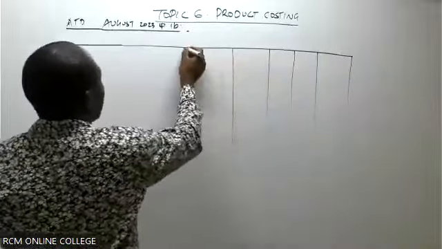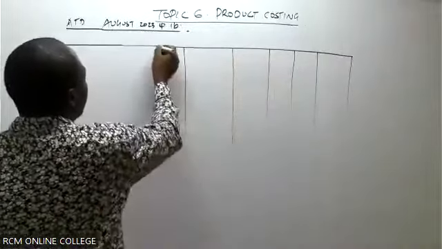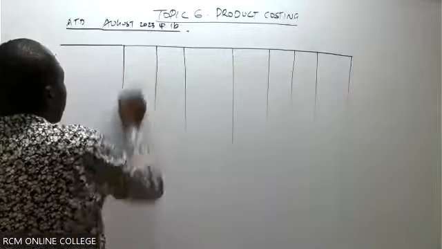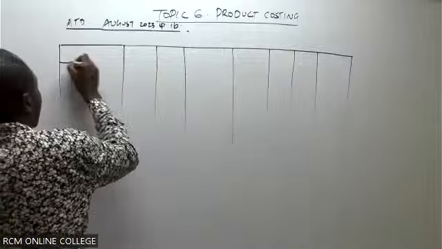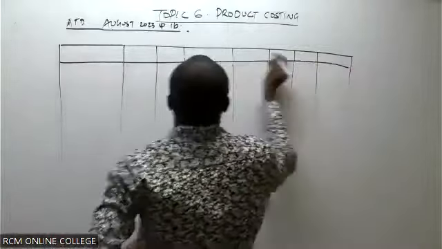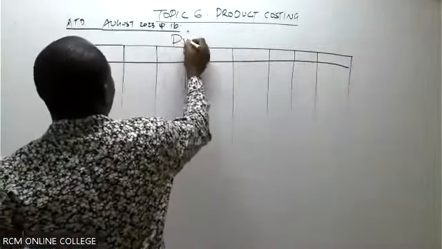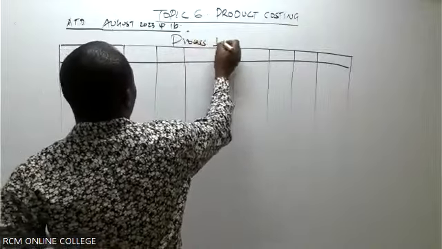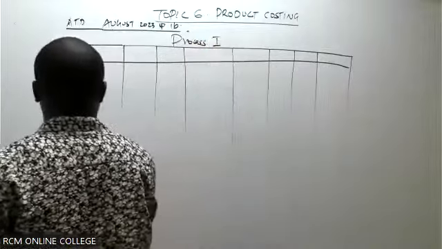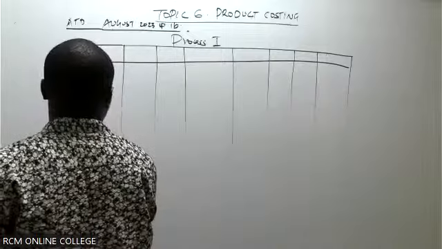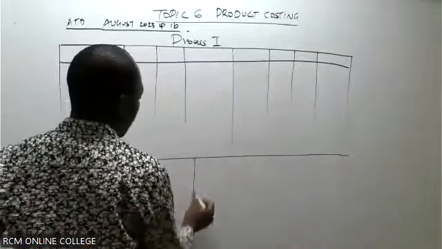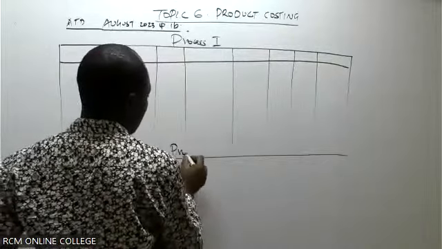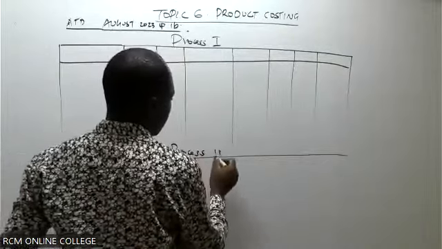Then here we have amount, cost per unit, we have units, and then we have particulars or details. So this is what we call process one. I'll do the same thing down here for me to move to process two.